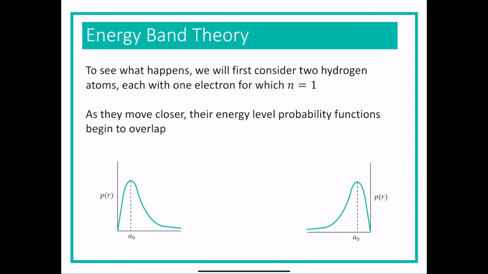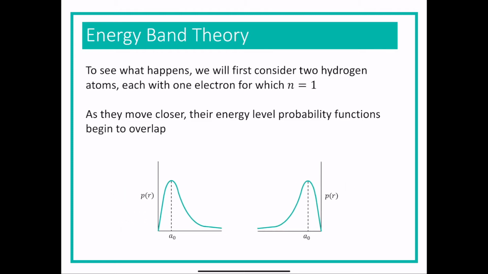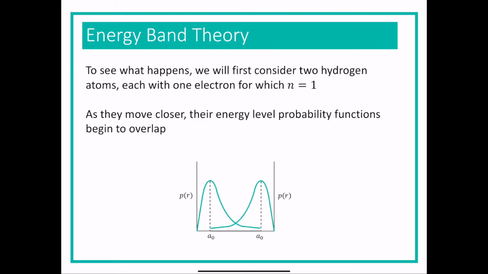We're just looking right now at two traces of hydrogen atoms. We looked at that same thing last time, where you're most likely to find the electron at the radius A0 and it may be somewhere else. And then you've got this other electron that has basically the same exact trace. They move together and get closer, and those actually overlap and interact.